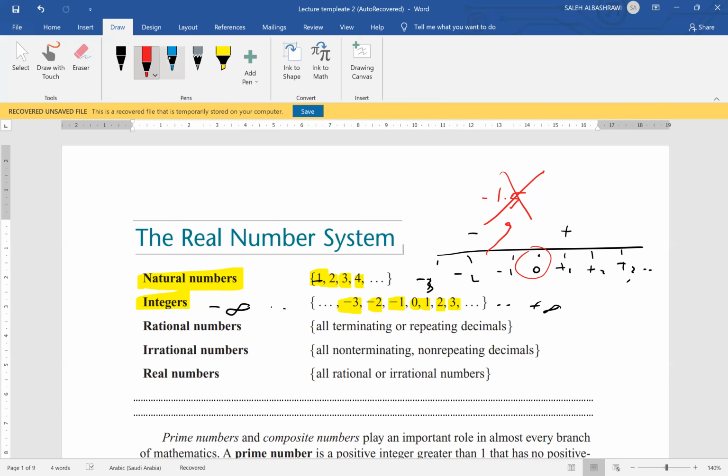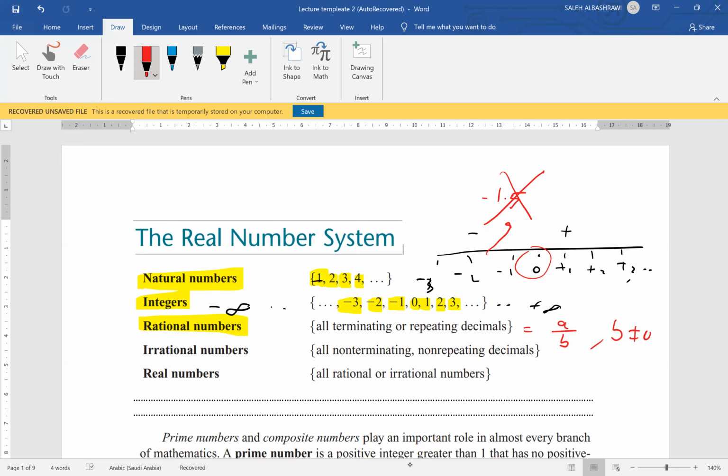We have also another set called the rational numbers. It is all terminating or repeating decimals, or any number that can be written as A over B. The up is called the numerator, the down is called the denominator.